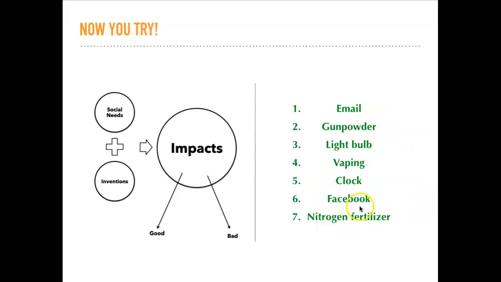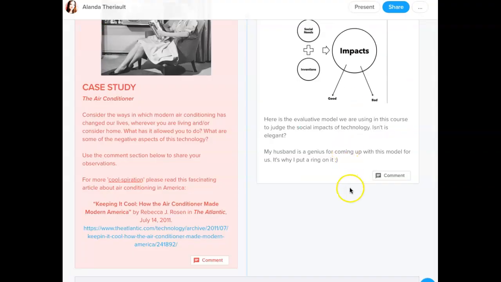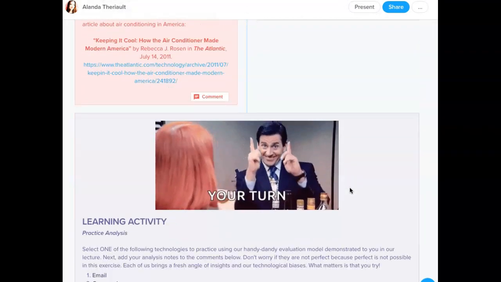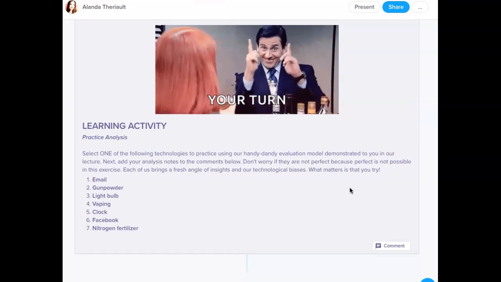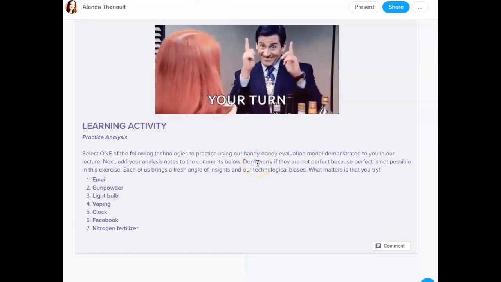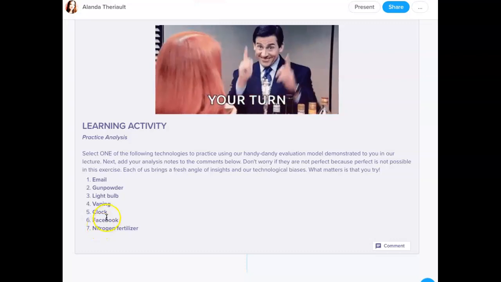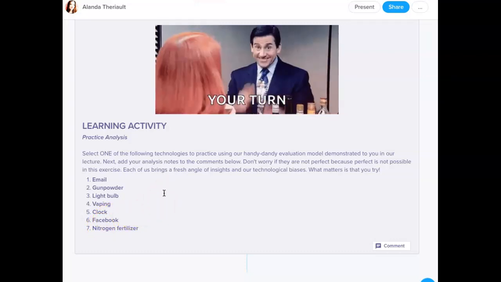You're going to select one, and you're going to head over to our notebook, and in the space there you are going to have your turn using the model that we just learned about with one of these inventions, and you are going to give it your analysis.